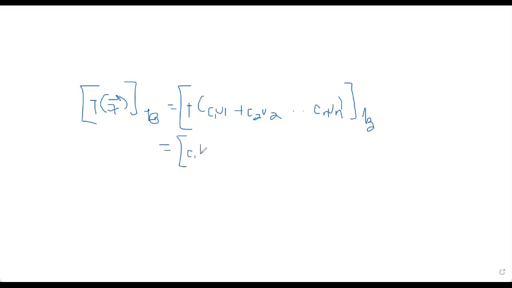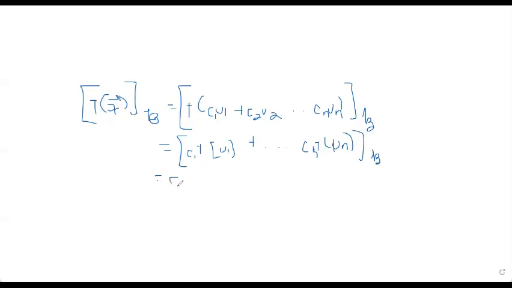We can always move constants around. So C1 of T of V1 plus all the way down the line to Cn of T of Vn, that vector coordinate. Then we can do some more moving.